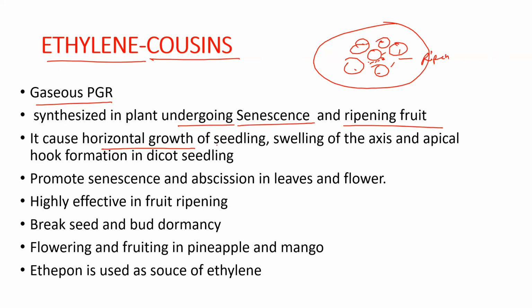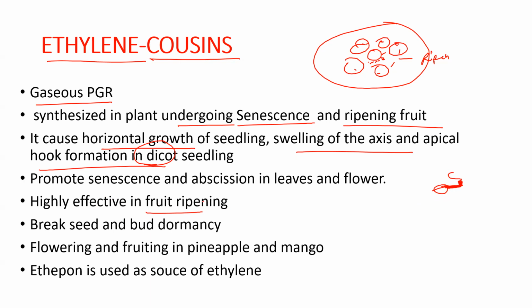It causes horizontal growth of seedlings, swelling of the axis, and apical hook formation in dicot seedlings. So if there is a dicot seedling, it will grow horizontally, the axis will swell up, and the apical hook will form. It is highly effective in fruits, causing ripening.